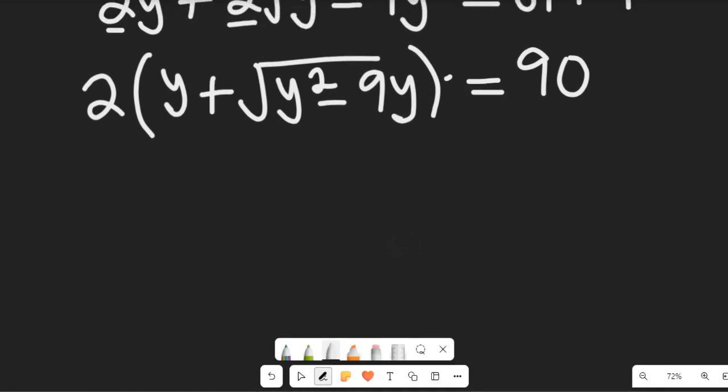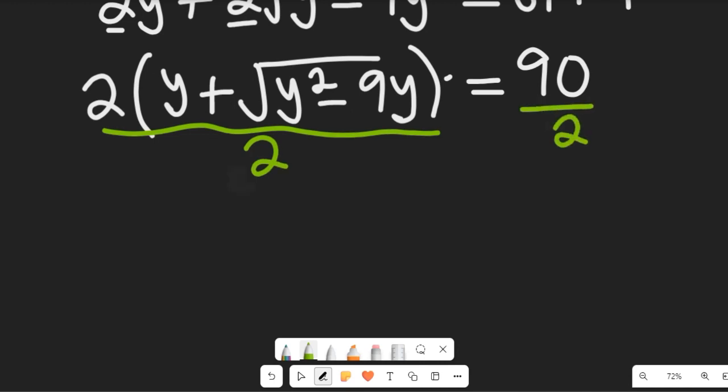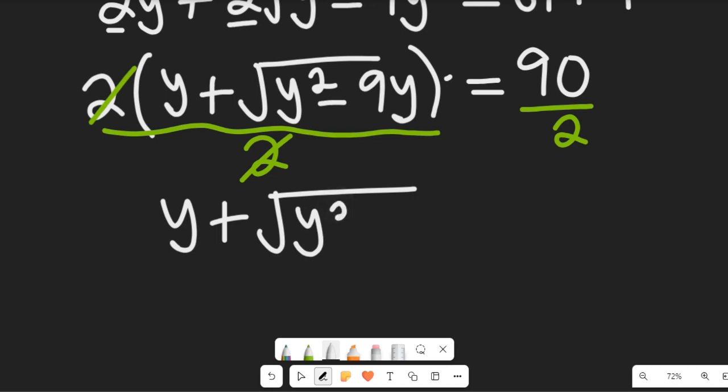So we can simply divide here by 2 and also divide here by 2. That way these 2 will clear these 2, and then we'll be left with y plus the square root of y squared minus 9y, and this will be equal to 45.